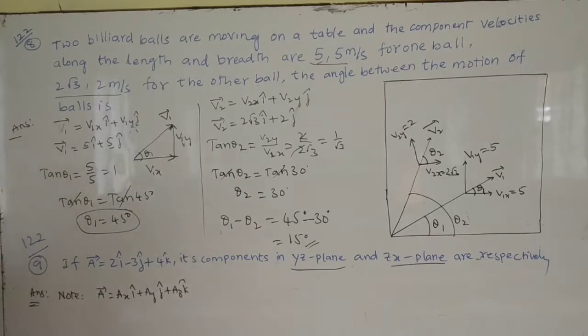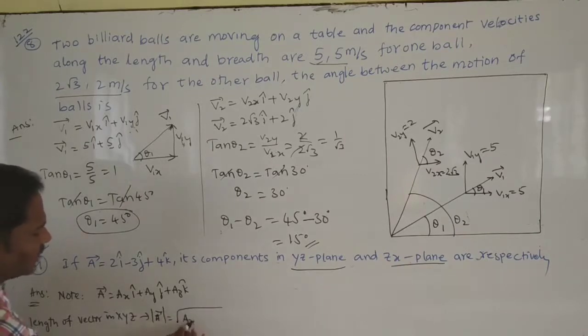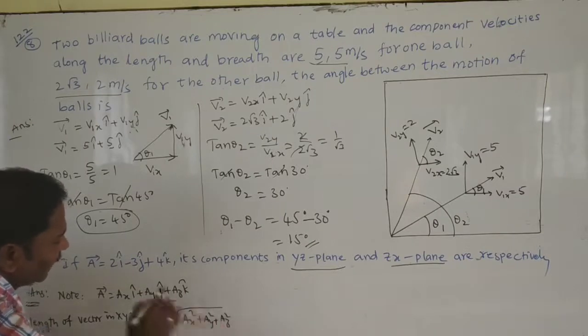What is the magnitude of the vector, its length in the x, y, z plane? The magnitude is root over Ax square plus Ay square plus Az square.